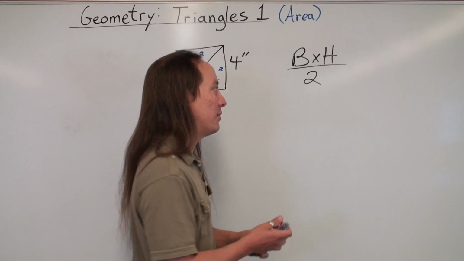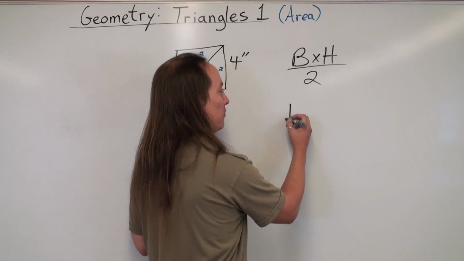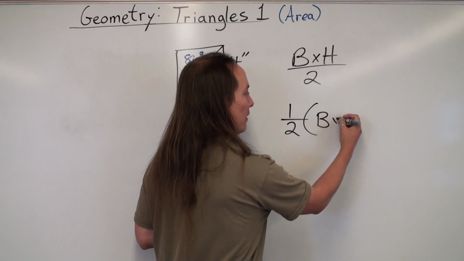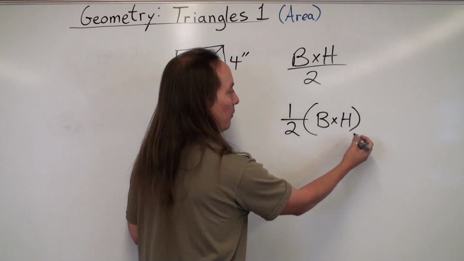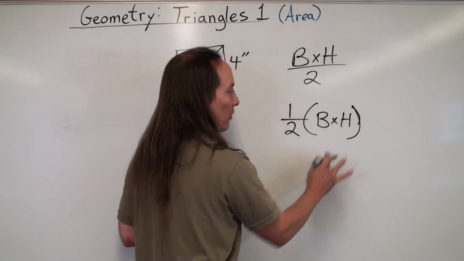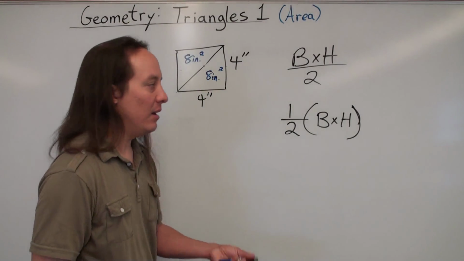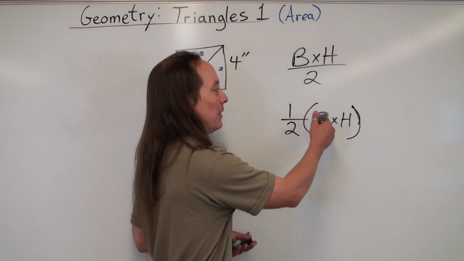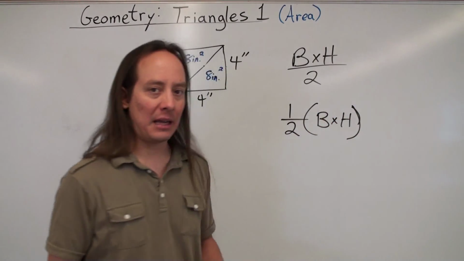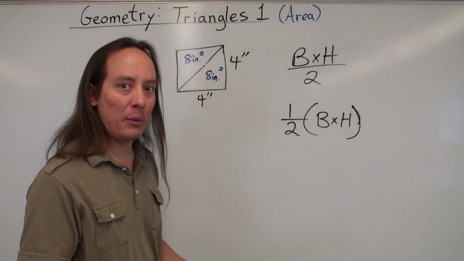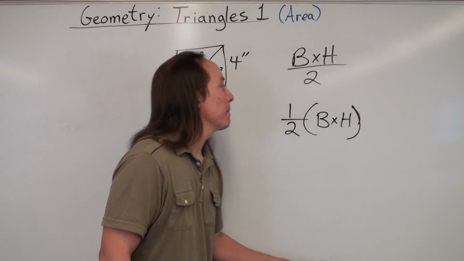The book, or some books anyway, I should say, some books do this. They really like to emphasize the fraction. They really like to force you to multiply by 1/2, or to make sense of that. And of course, this could be 1/2 L times W, length times width. I'm not going to write that down, but just so you know that there are many ways of visualizing this.